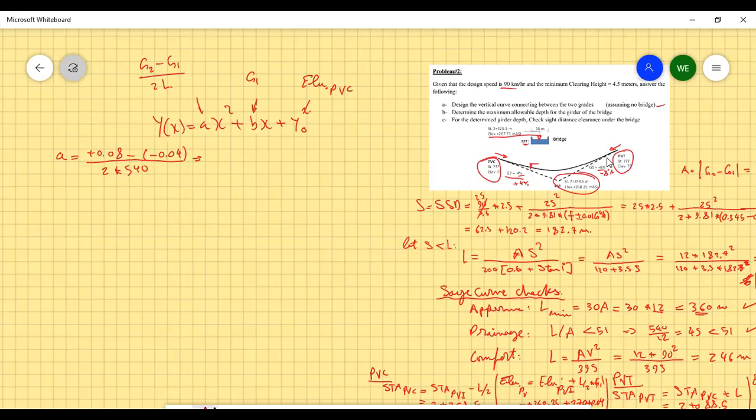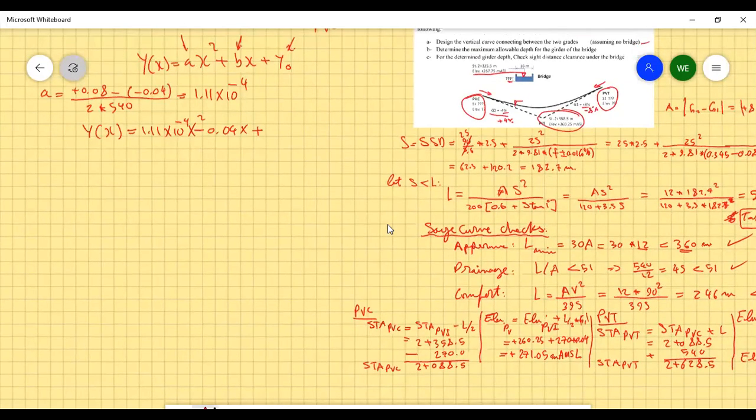So we have here 1.11 multiply 10 to the power minus 4. So basically y of x equals 1.11 multiply 10 to the power minus 4 multiply x square, minus 0.04, I'm sorry, multiply x, plus the elevation of the BVC. So the elevation of the BVC is here. So this is plus 271.05.